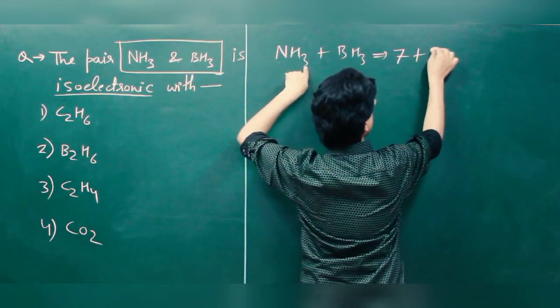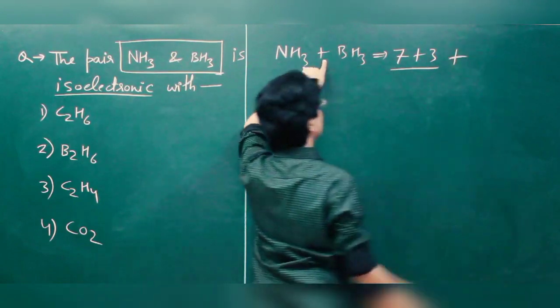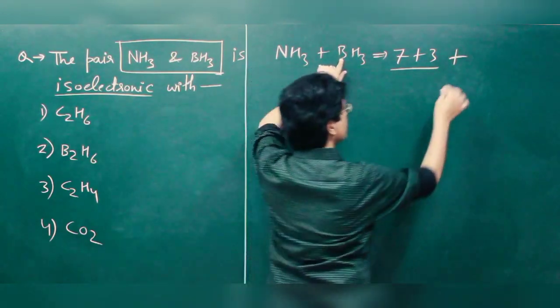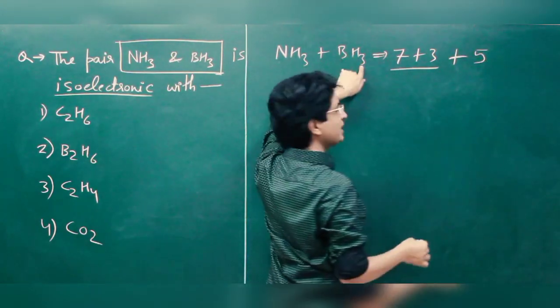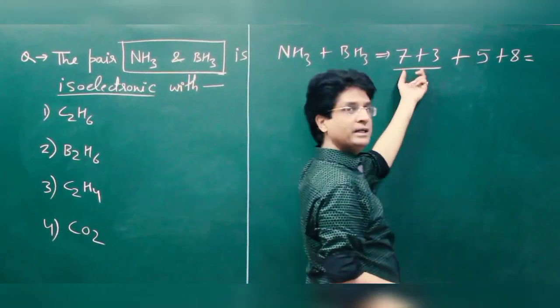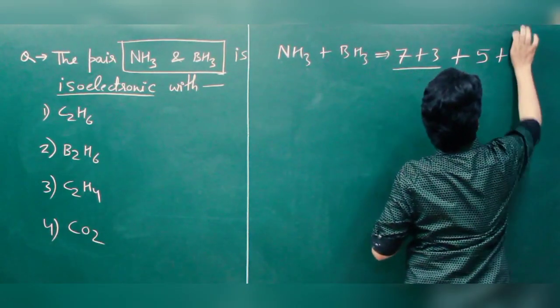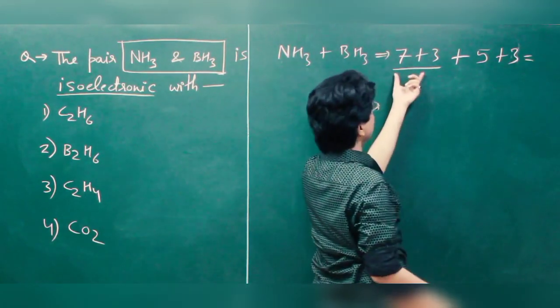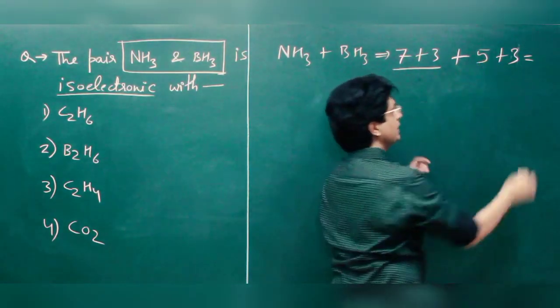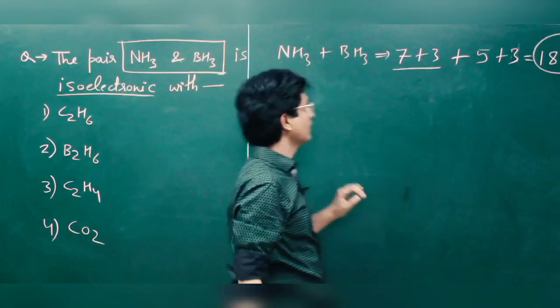So 7 plus 3 in ammonia, plus in boron the number of electrons is 5 plus 3. So 7 plus 3 and 5 plus 3, total 18. So the total number of electrons is 18.